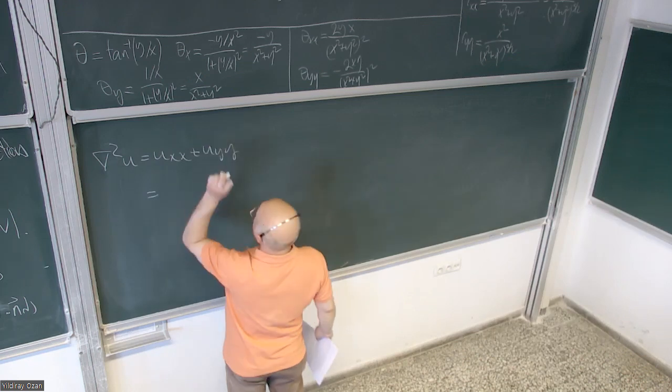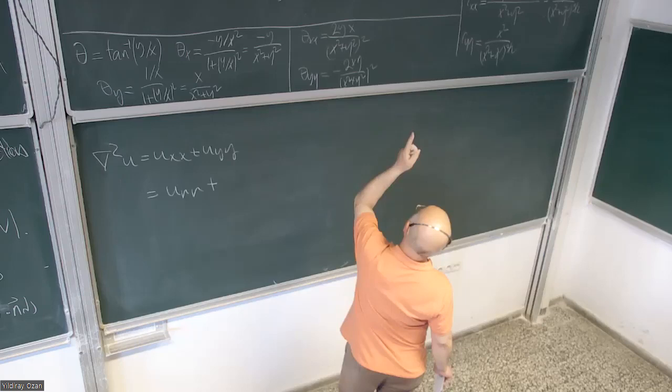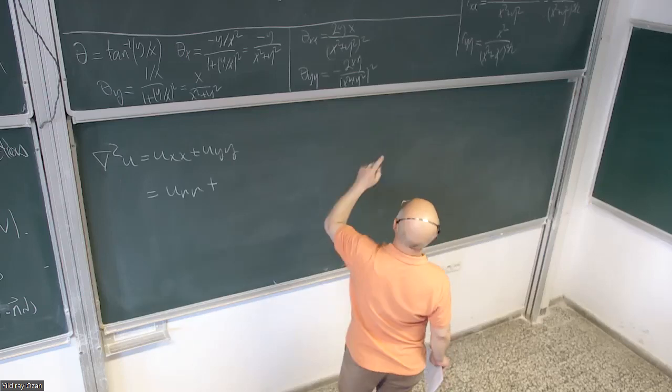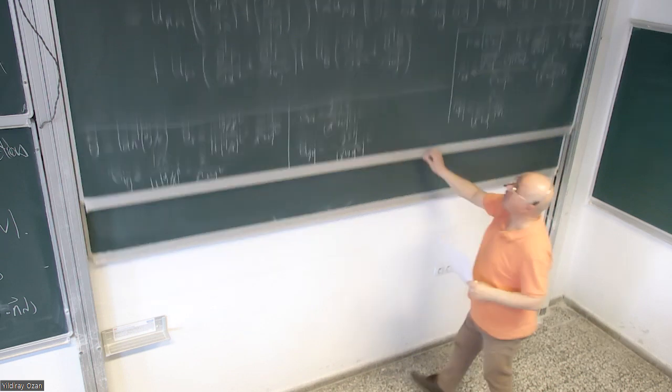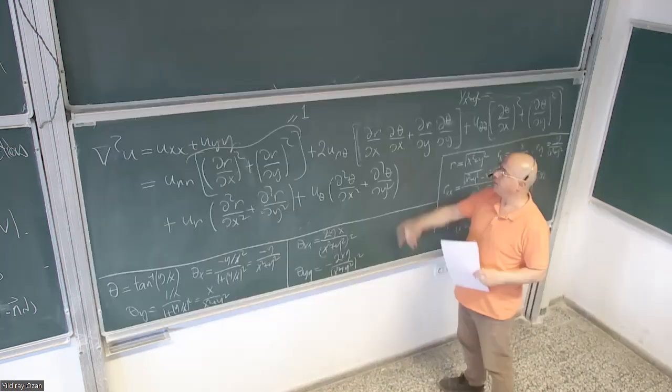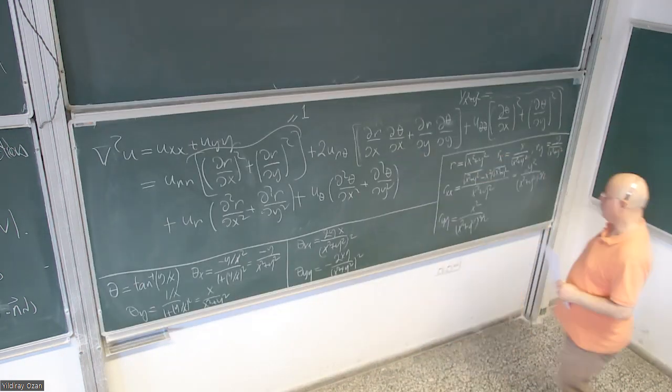So u sub r plus the coefficient of u sub theta, which is 1 over x squared plus y squared, so it is 1 over r squared u sub theta. Plus, let's look at this one: this product plus this product.